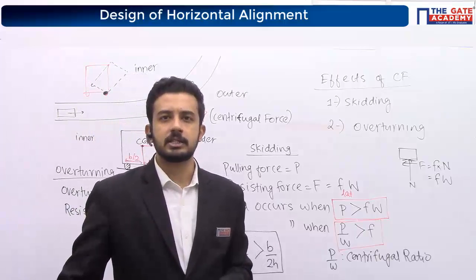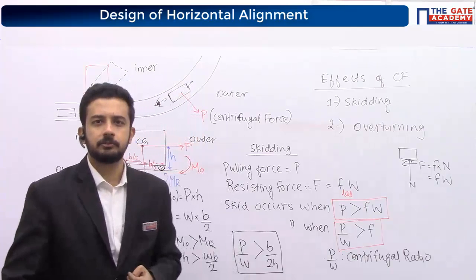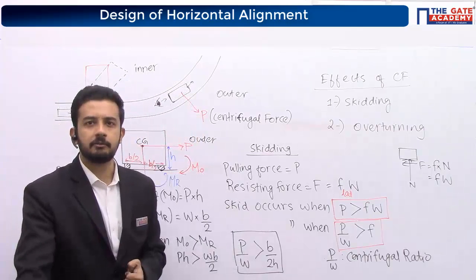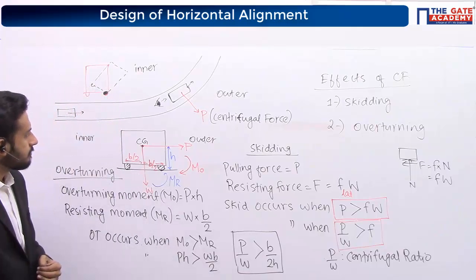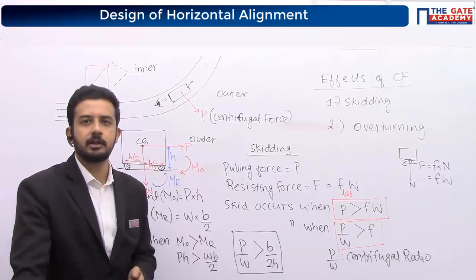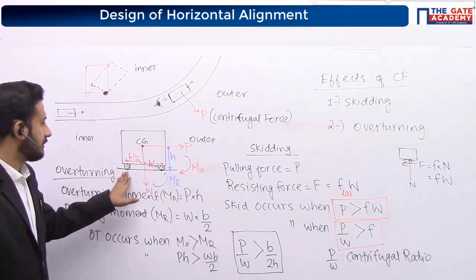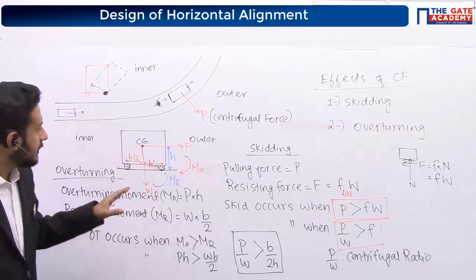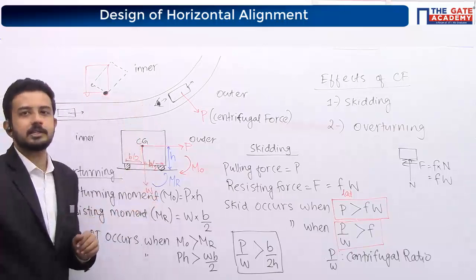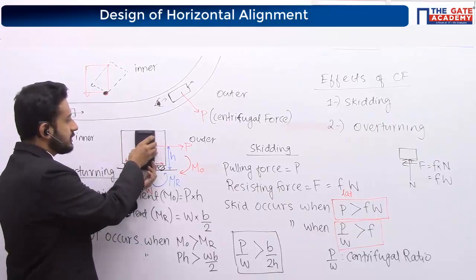But in the figure, both the forces act as overturning force at the left tire. Which left tire? See, overturning means what? About which point it is going to overturn. Correct now? This is our vehicle.